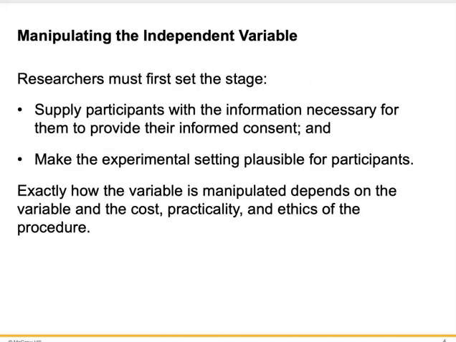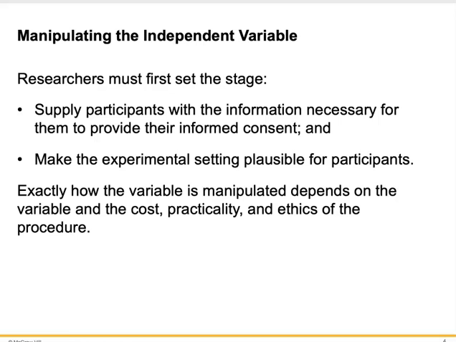Okay, so usually when we are having participants participate in an experiment, we have to supply participants with the information that's necessary for them to provide their informed consent to participate. And remember, we covered informed consent in the ethics and behavioral research chapter. And it generally includes information about the underlying rationale for the study, why we're doing it. And sometimes the rationale given is completely truthful.